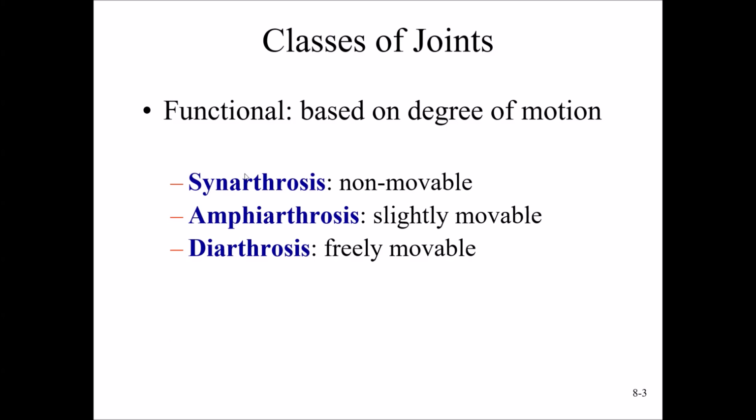Synarthrosis. Notice that for each of these you've got the ART as part of this, and articulation is the name for joint, so that's part of the root word here. Syn means knot, and so synarthrosis is a joint where you have two bones coming together that doesn't move. There is no movement there. The classic example in the skeleton is your sutures, which we'll talk about in a few minutes.